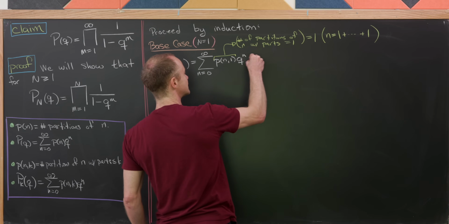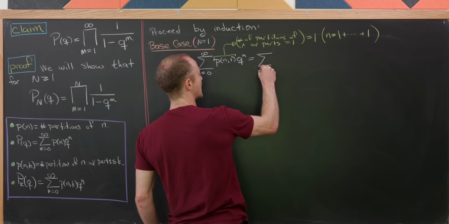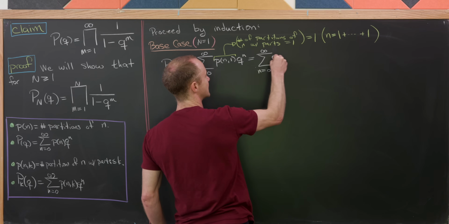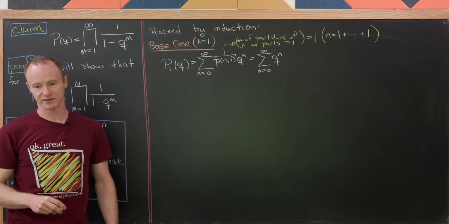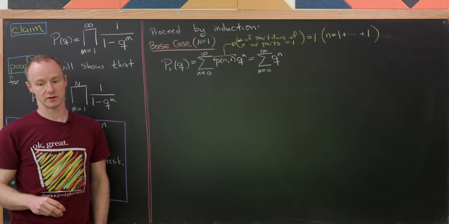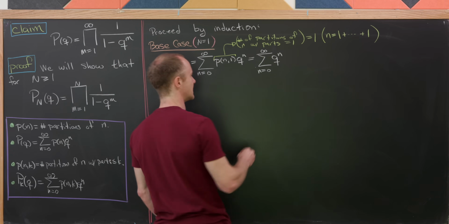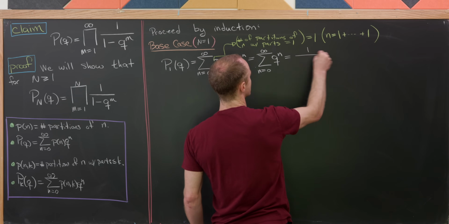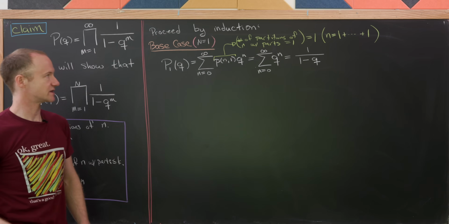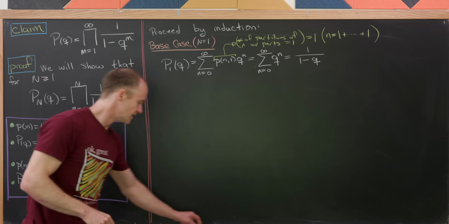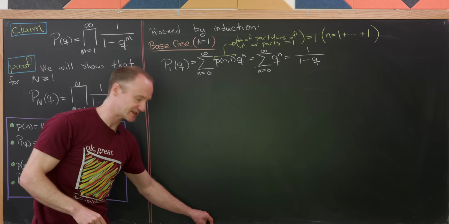So that means this turns into the sum as n goes from 0 to infinity of q to the n, but that's a well-known geometric series. And as a well-known geometric series, we know that it has a closed form as a rational function of 1 over 1 minus q. Okay, so that sorts out the base case.